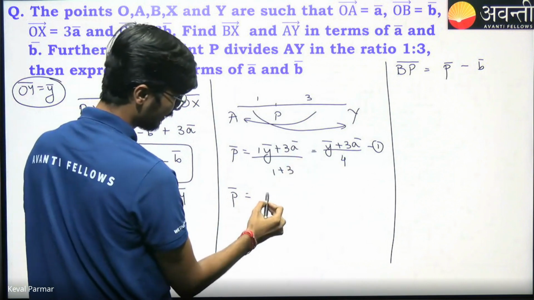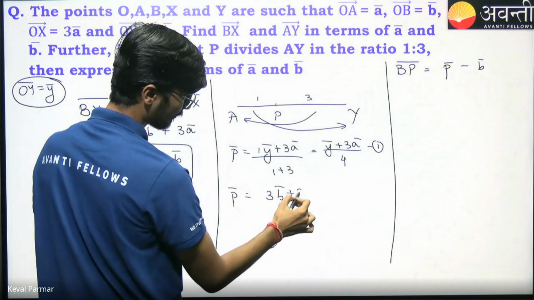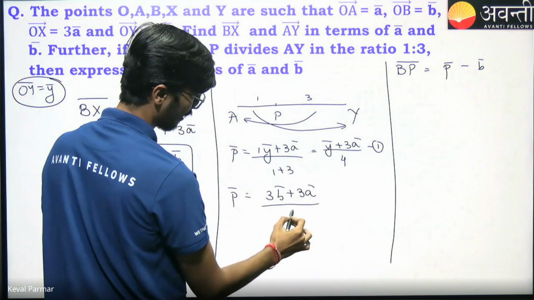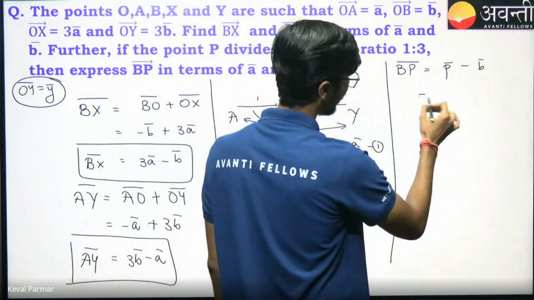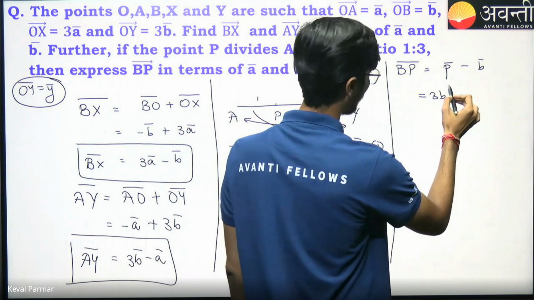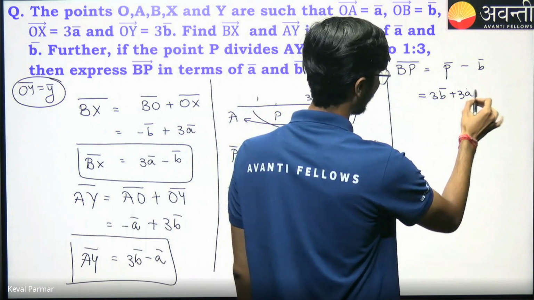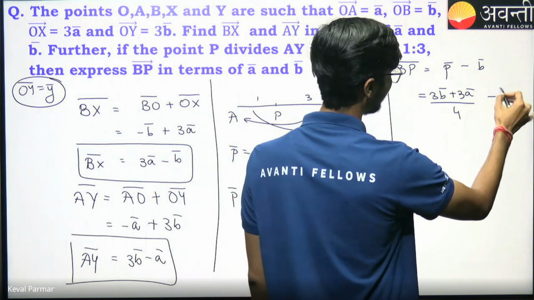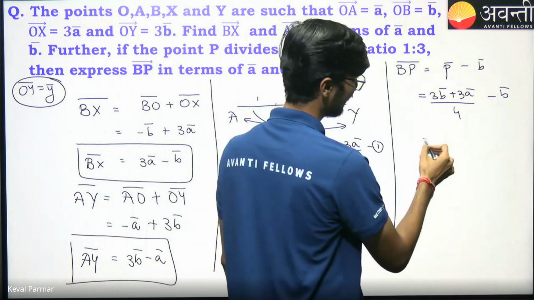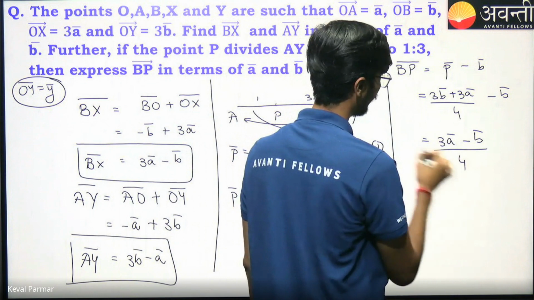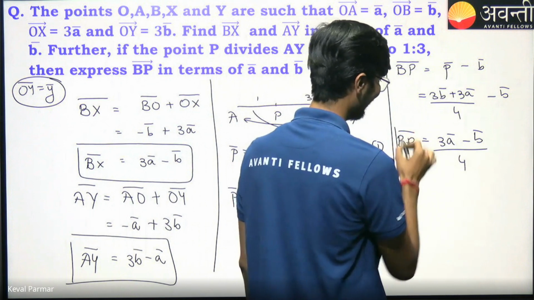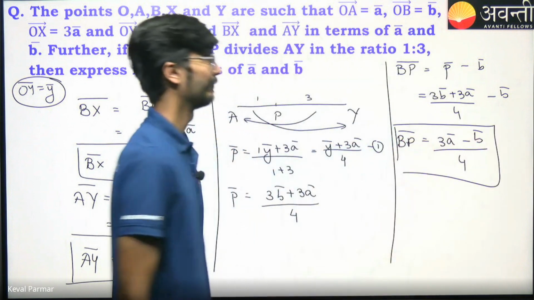So P bar becomes 3B bar plus 3A bar upon 4. Let us substitute it here. I'll get 3B bar plus 3A bar upon 4 minus B bar. If I take the LCM, I get 3A bar minus B bar upon 4. So I got BP bar in terms of A bar and B bar.